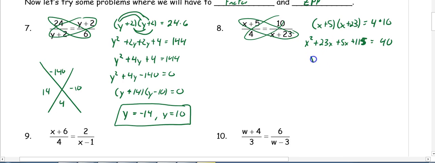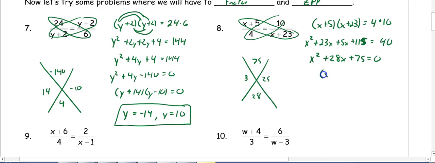So we can subtract 40 from both sides. So we get x squared plus 28x plus 75 equals 0. So we need two numbers that multiply to 75 and add to 28. So those numbers are going to be 3 and 25. So we have x plus 3 times x plus 25 equals 0. Switch our signs, we get x is negative 3 and x is negative 25.